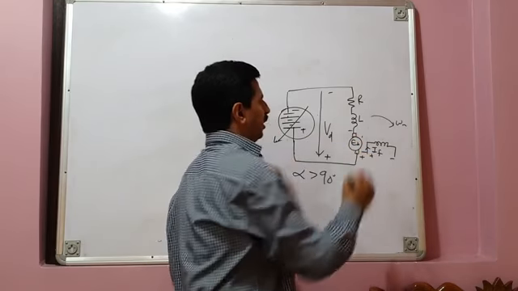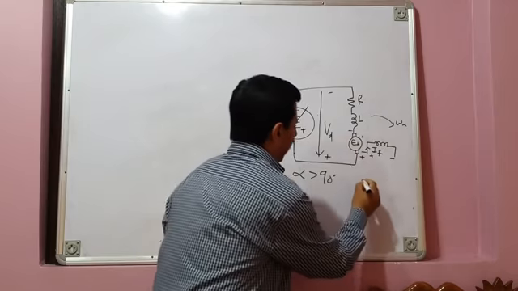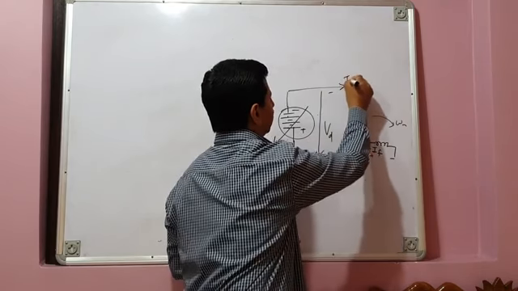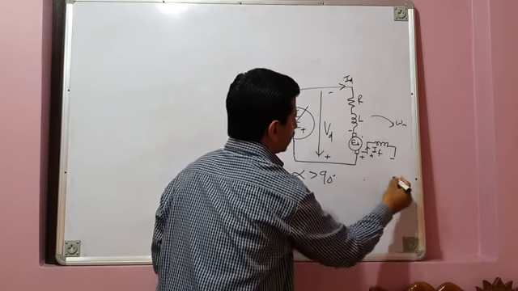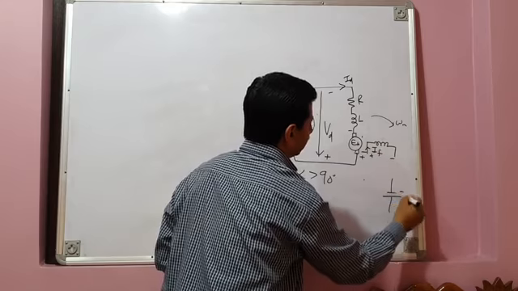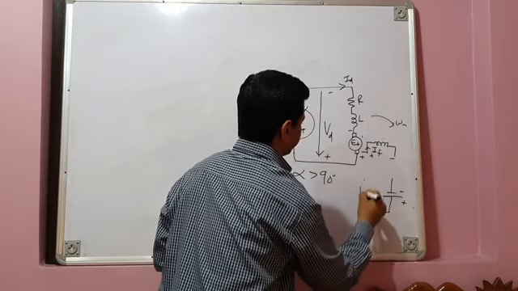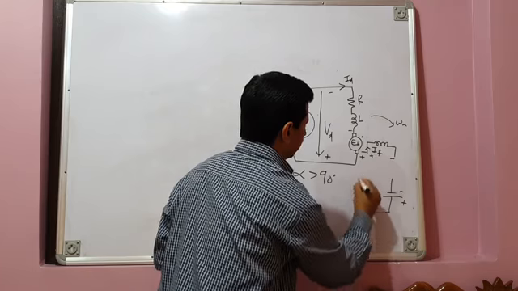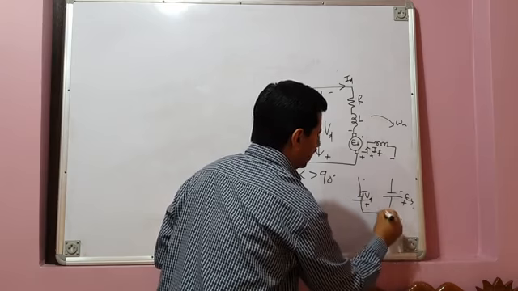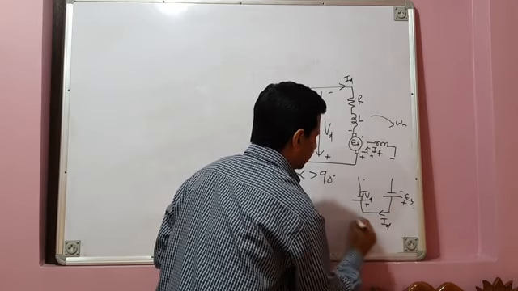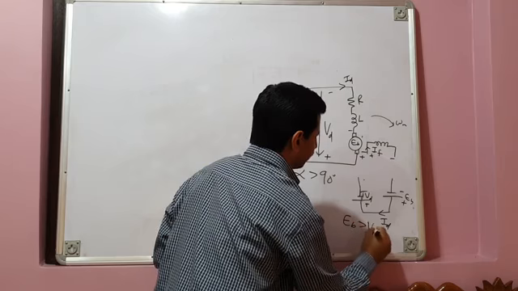This terminal should be positive with respect to this. And since current is flowing in this direction, to make current flow from EB to Vd, EB should be greater than Vd.